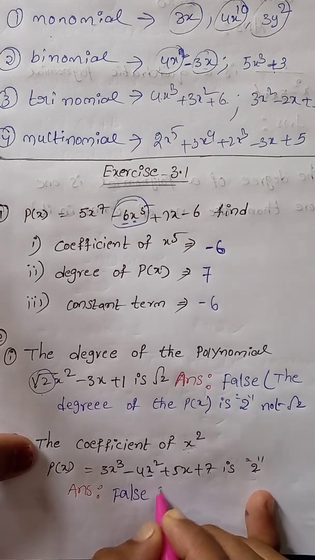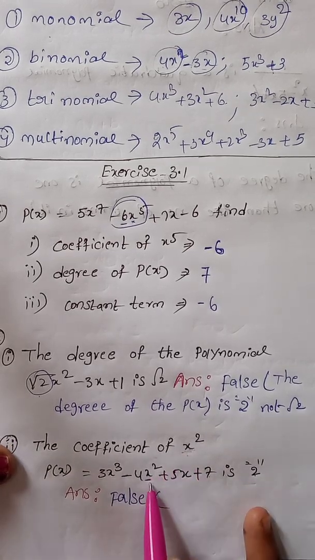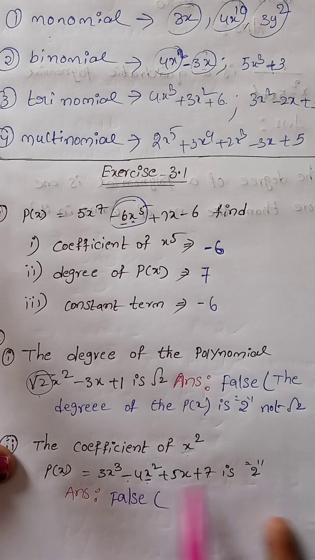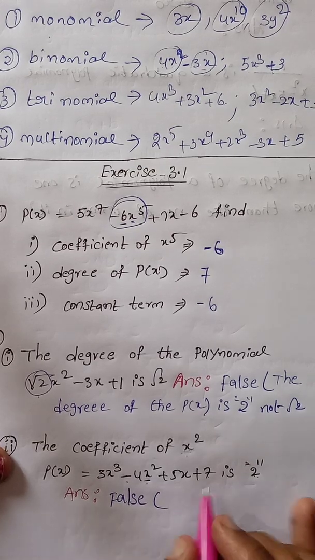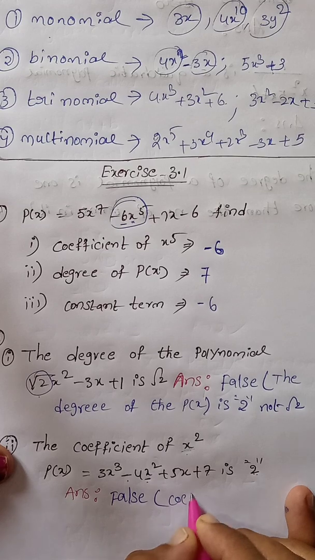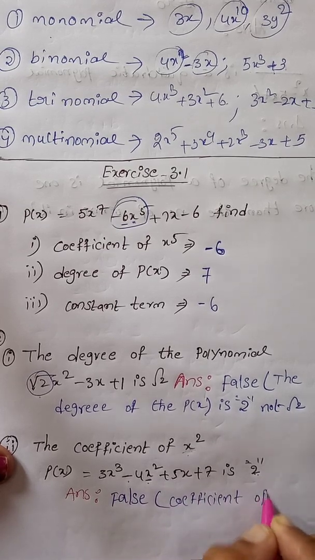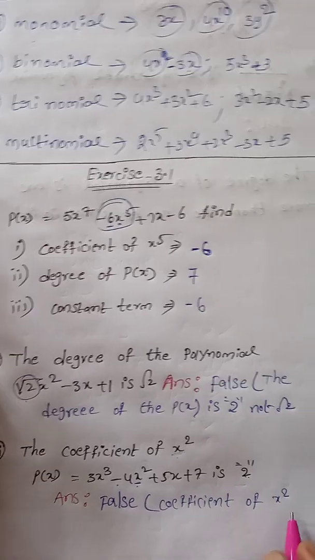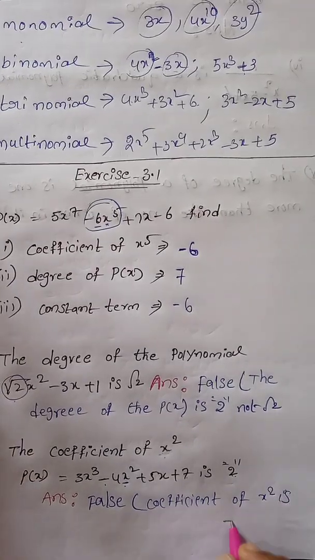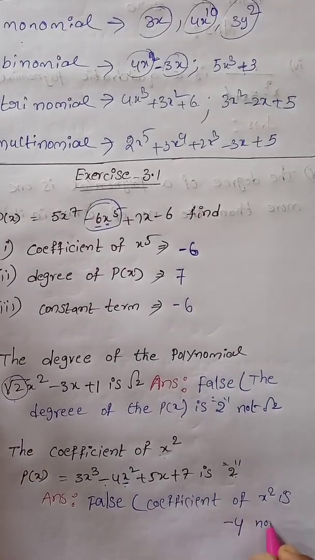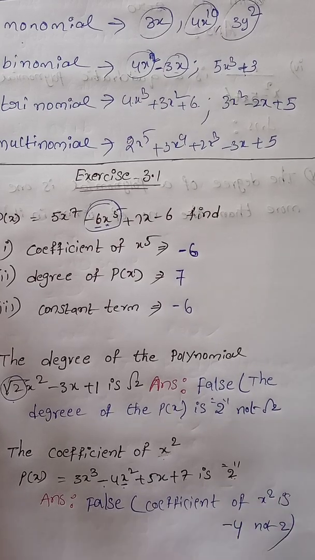What is the reason? Because the coefficient of x square is minus 4, not 2. Okay.